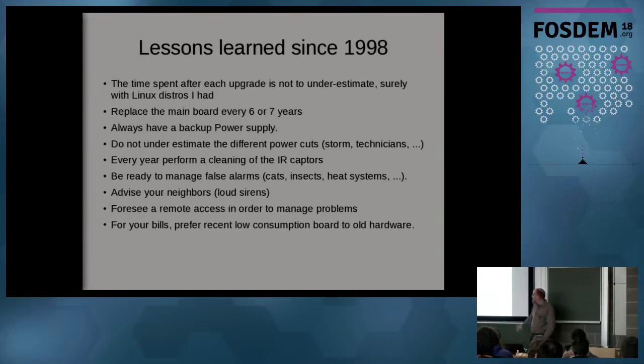I had a few problems with the board after 6-7 years. So such a kind of cheap machine running 24 hours a day, a full year. Voilà, it's not perfect, it's not ideal, so be prepared to replace the board every 6-7 years.